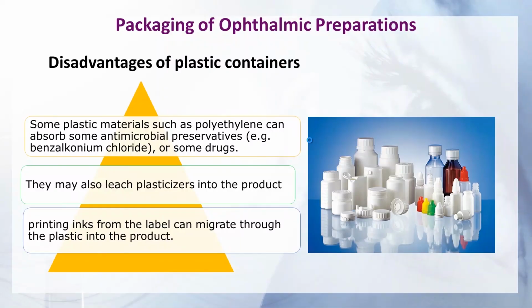What are those? Some plastic materials such as polyethylene can absorb some antimicrobial preservatives like benzalkonium chloride. It means polyethylene reacts with benzalkonium chloride in a simple way, or with some other drugs. They may also leach plasticizers into the product. This is another big problem.